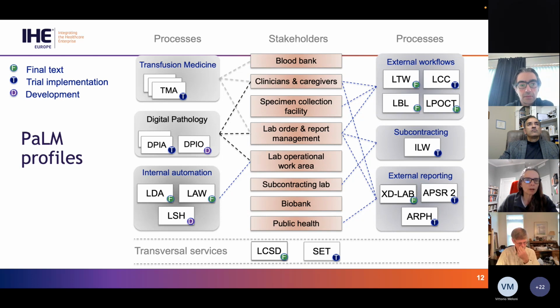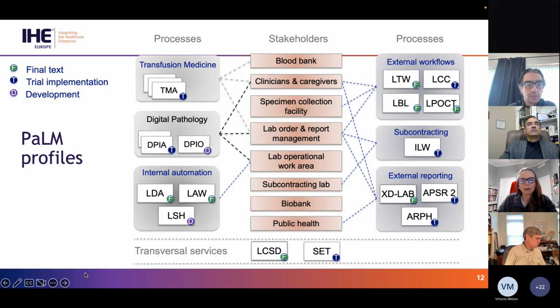And then we talked about the PaLM domain, including transfusion medicine. And so we are working there also on a portfolio of profiles. And so far we have covered the reporting of adverse events. That's the TMA profile.